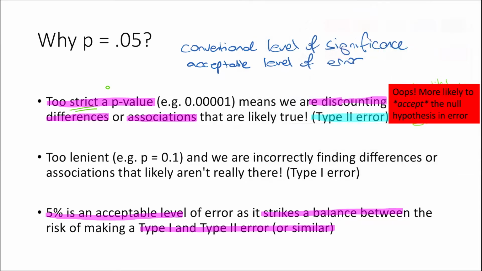If our p-value is too lenient, i.e. p equals 0.1, then we may be incorrectly finding differences or associations that aren't really there.